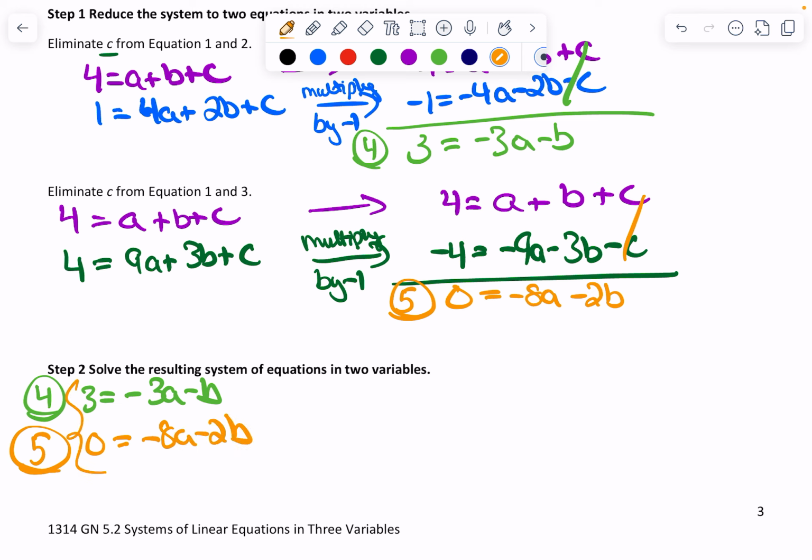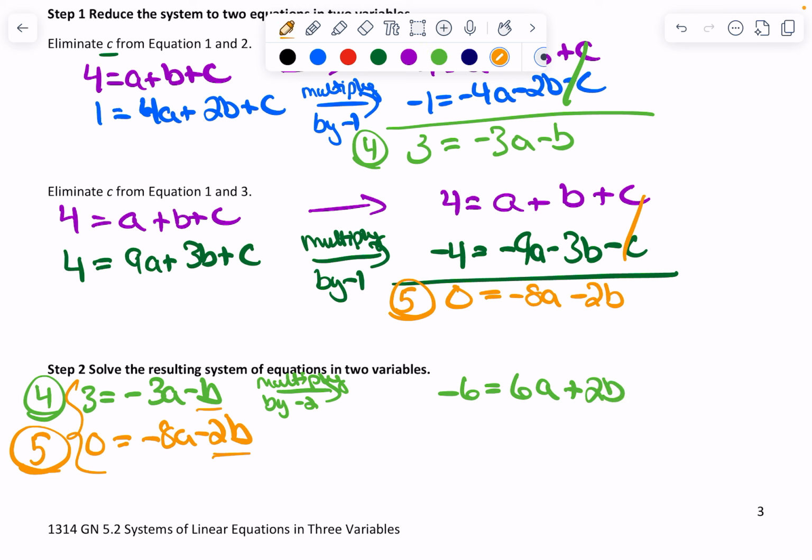Okay, now we need to look at what we want to do. Well, it looks like we have a -b here and a -2b here. So if we multiply the top, equation number 4, by -2, we get -6 equals 6a plus 2b.